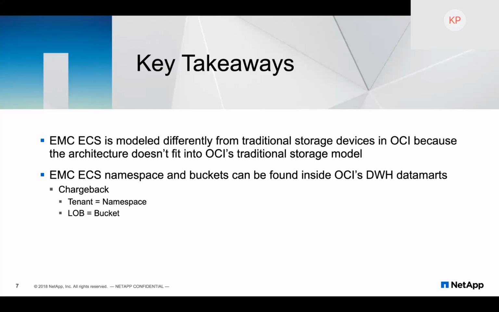Hello, Katya. I have a question about ECS. Yeah, go ahead. I did this chargeback report, and I compared the volumes to the volumes that I saw in the ECS interface, and they're different.